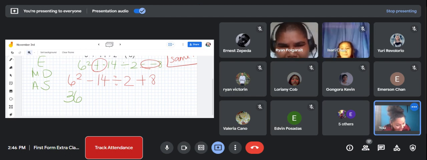Okay. 6 to the second power is 6 times 6, and that gives me 36. Everybody agrees with that? Yes, miss.